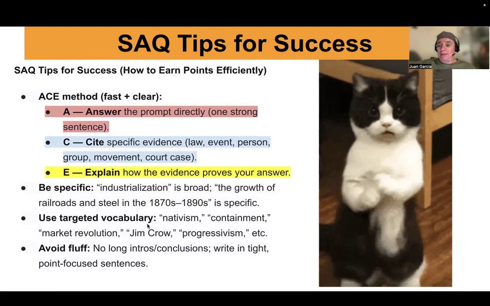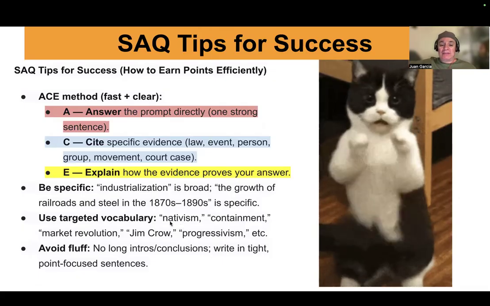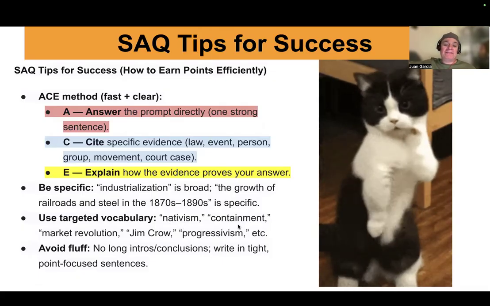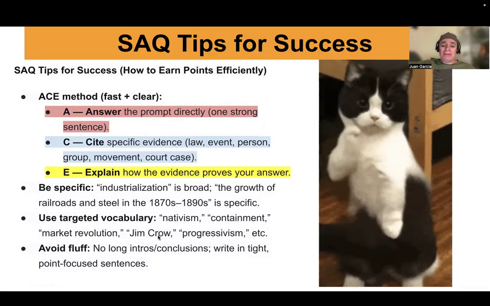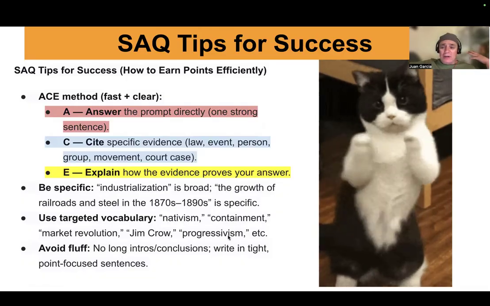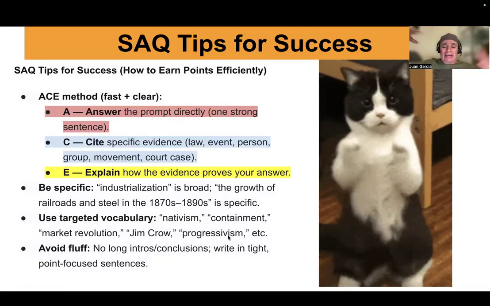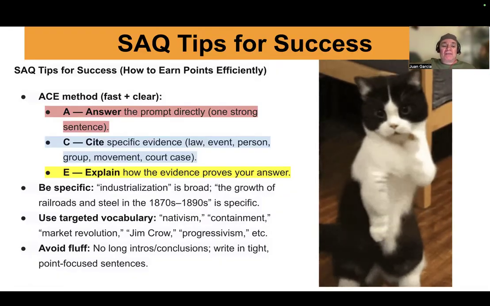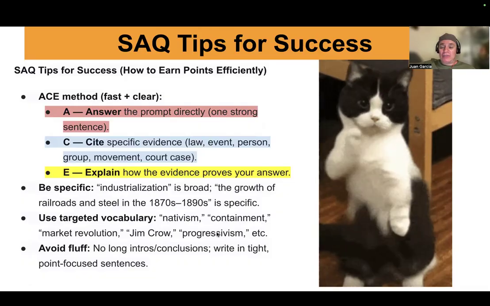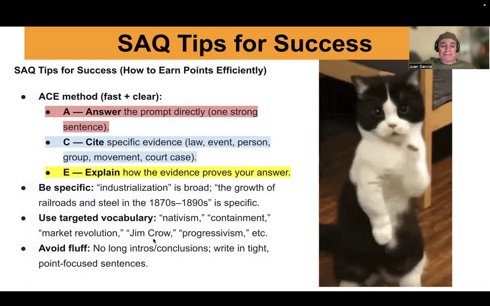Yes, use targeted vocabulary, exactly. This is why vocab is so important. Use terms like nativism, containment, market revolution, Jim Crow laws, progressivism. Whatever the question is asking you to do, come up with one historical term during that time period that helps you answer that question and explain what it is, okay? Do not assume the reader knows what you're talking about.